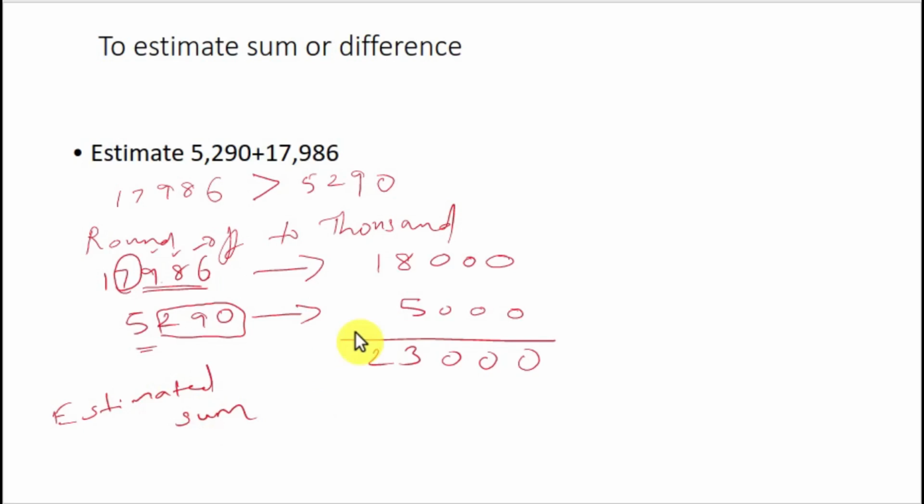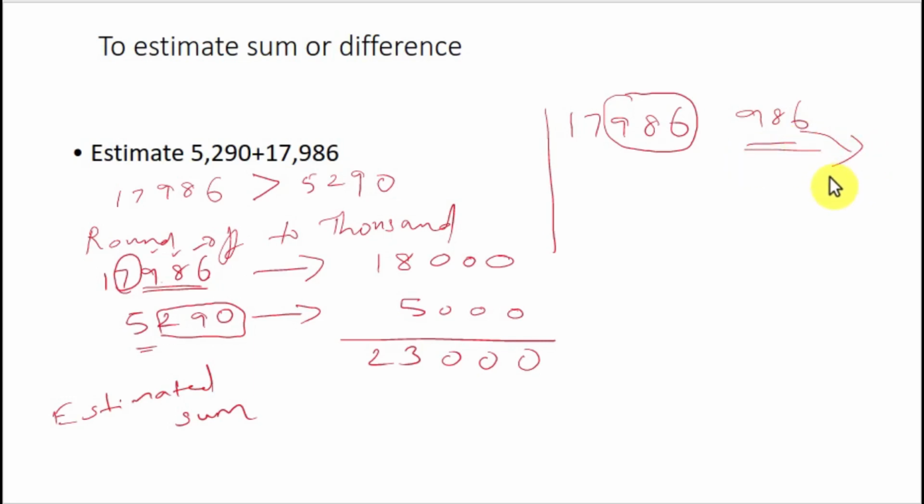Listen here. With 17986, when we are rounding to 1000, we are checking these numbers, 986. This is close to 1000, so we are rounding off to 18,000.